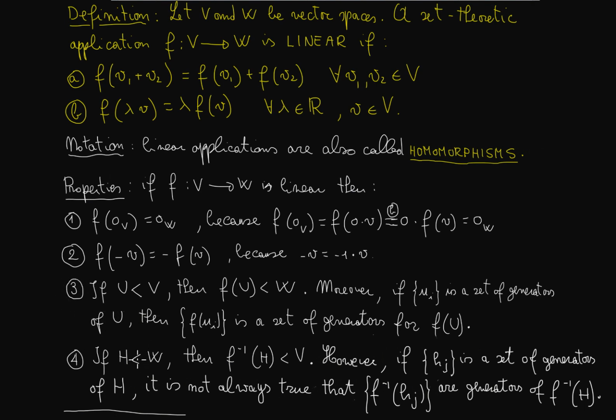Instead of starting from a subvector space of the domain, we start from a subvector space of the codomain, and we consider its inverse image. f^-1 of H is going to be a subvector space of V. However, the second part of property 3 does not hold in this case, because if h_j is a set of generators of H, it is not always true that the pre-images of these generators, f^-1 of h_j, are generators of the pre-image of H.